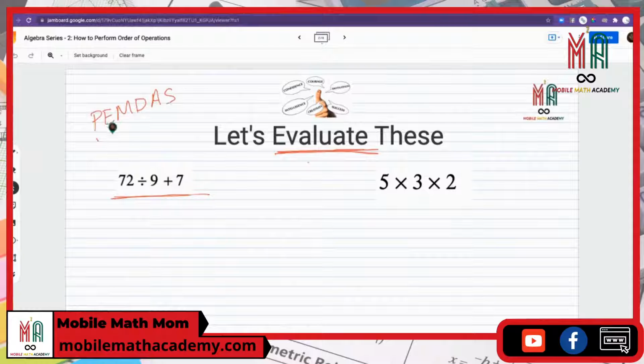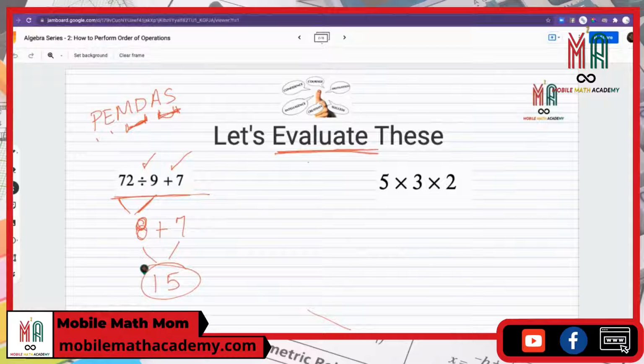First, because we see division and addition, and multiplication and division come before addition and subtraction, we divide first. 72 divided by 9 is 8, plus 7 is 15. So the evaluated answer is 15.